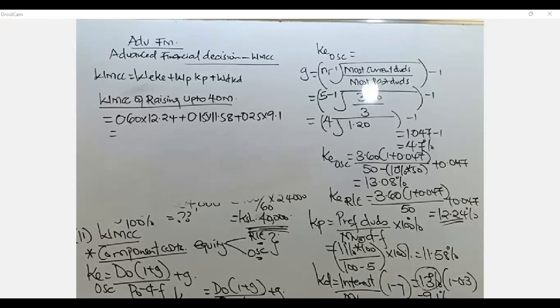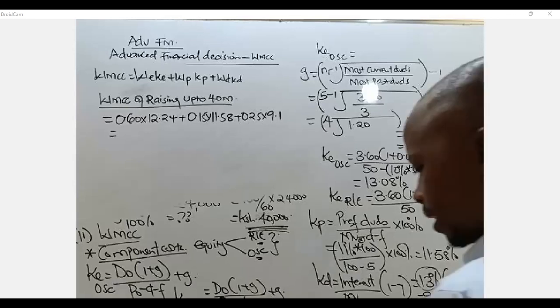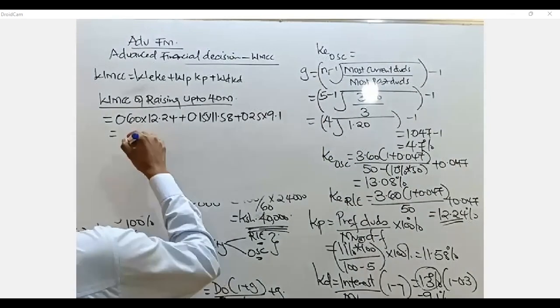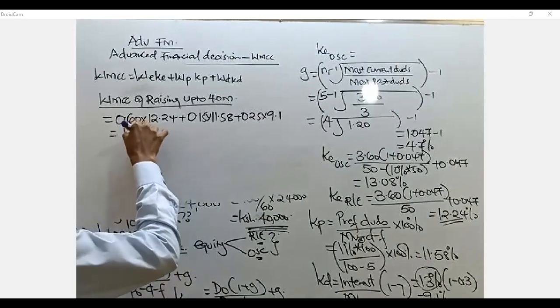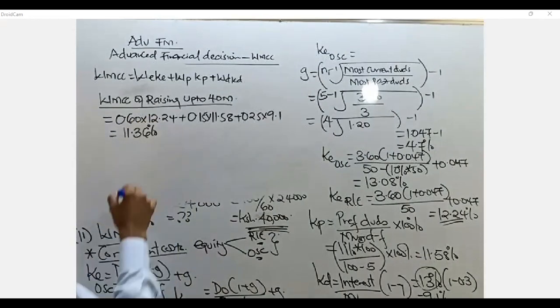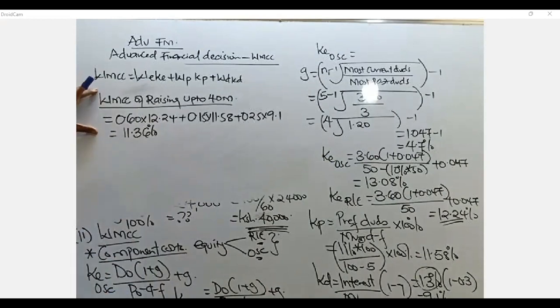Let me take mine. We say 0.60 multiplied by 12.24 plus 0.15 multiplied by 11.58 plus 0.25 times 9.1. We are getting something closer to 11.36%.